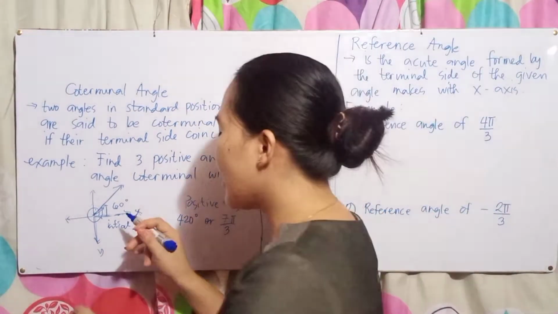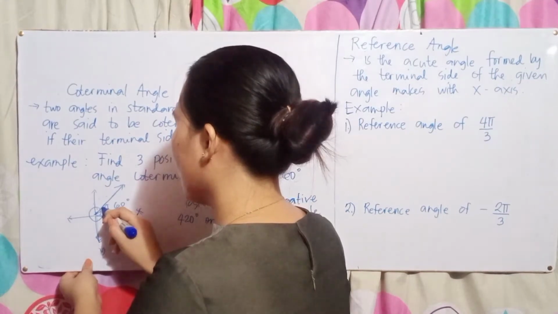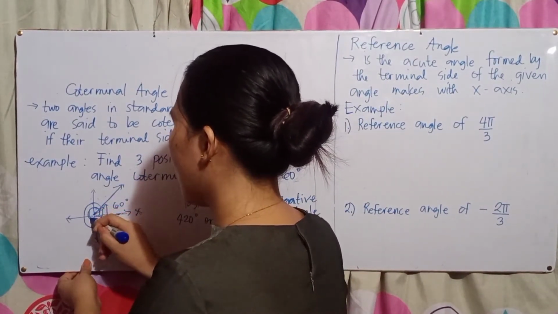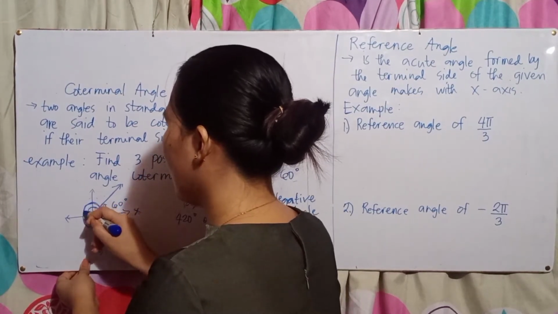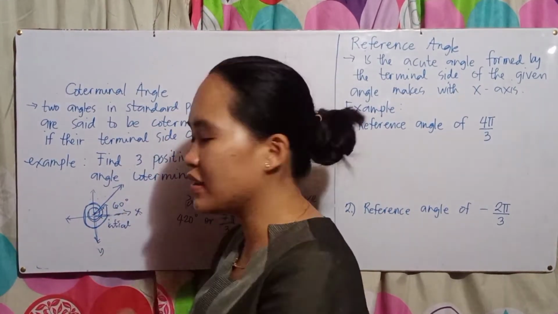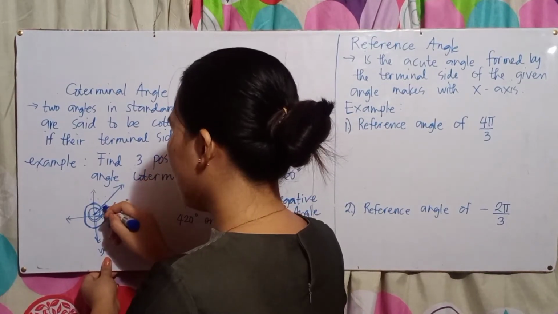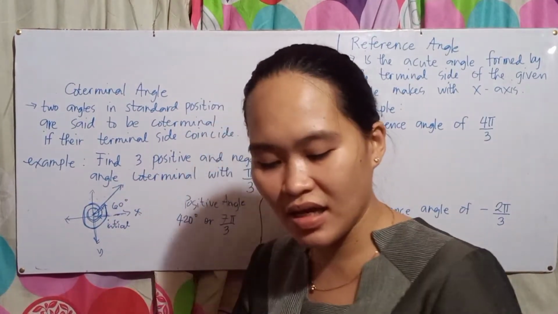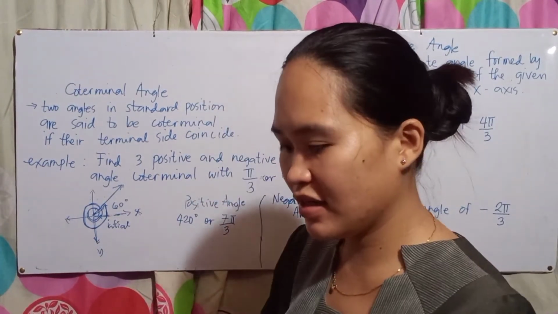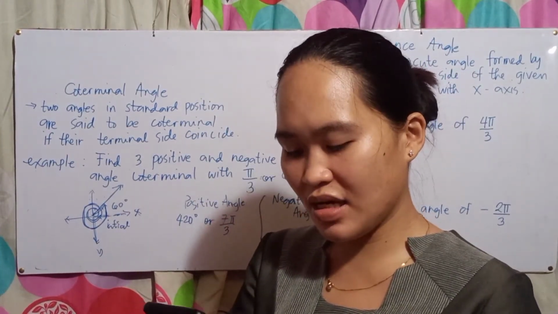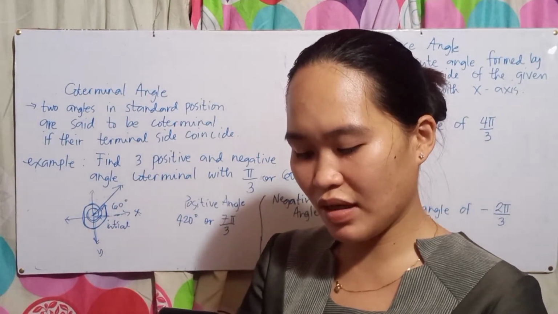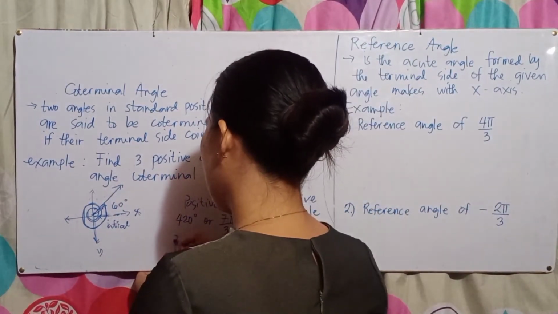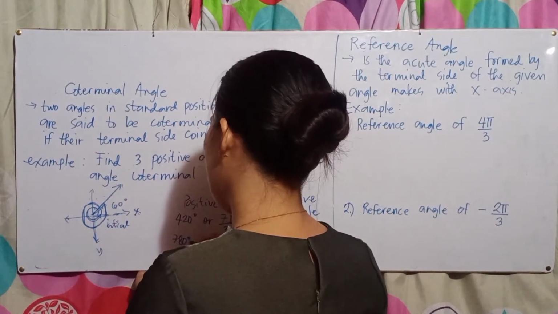Okay, next angle. We rotate again. When we rotate, that's 360, and rotating again is another 360, so two 360s, then plus 60. So 360 plus 360 plus 60. So the next is 780 degrees.